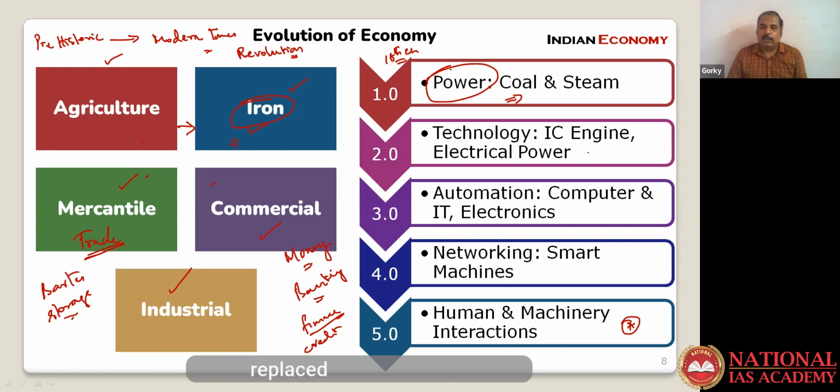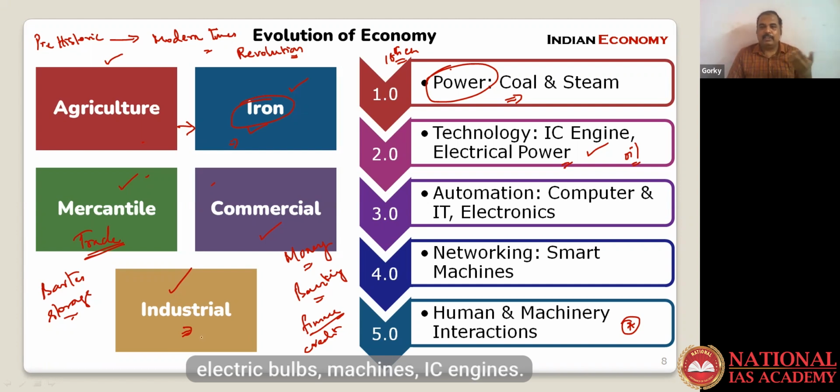Yes, the power trains were replaced with IC engines, with oil, diesel and petrol. Similarly, electric power was also invented. So ultimately we started having the next level of development. From transport upgradation, electric power even channelized industrial development, because instead of carbon lamps, you had electric bulbs, right?